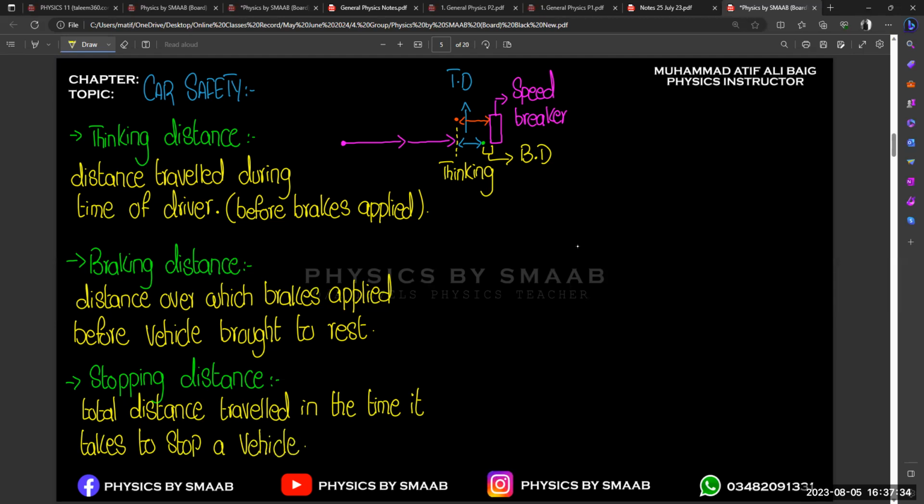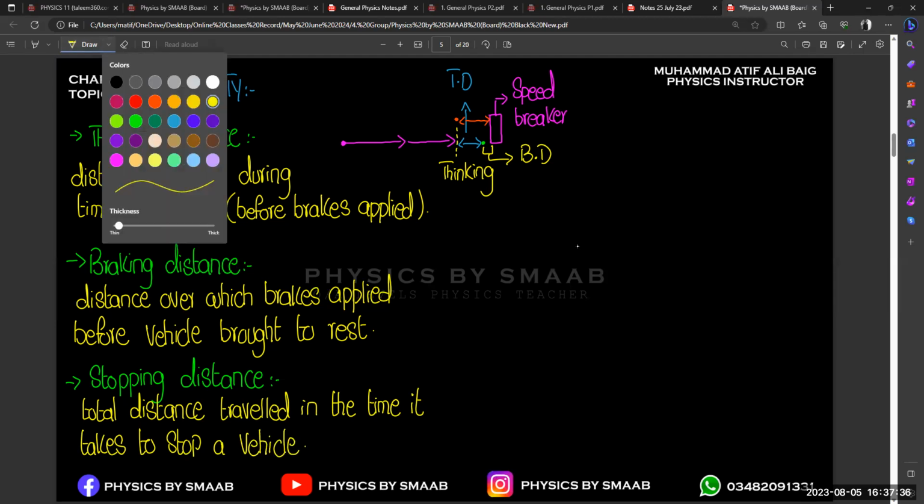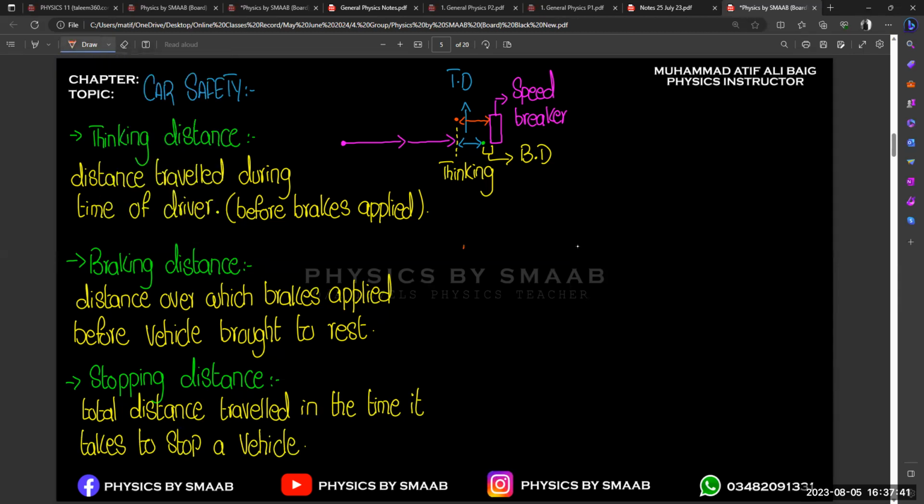Or in a very simple equation, we can say that stopping distance is equal to the thinking distance plus braking distance, right? So this is a very simple definition of stopping distance, that is, stopping distance is the sum of thinking distance plus the braking distance, okay?